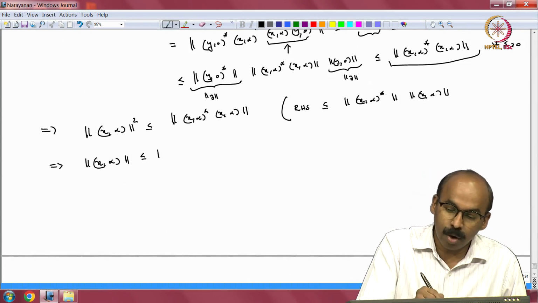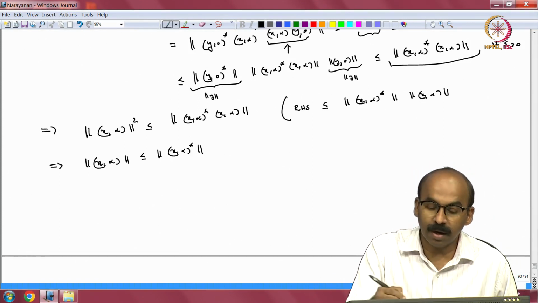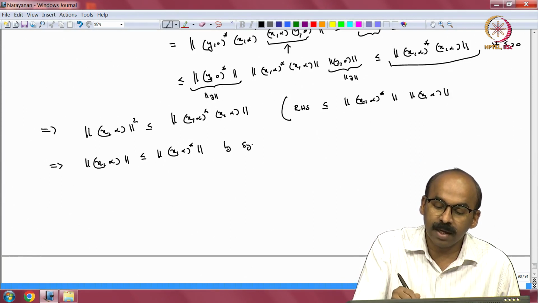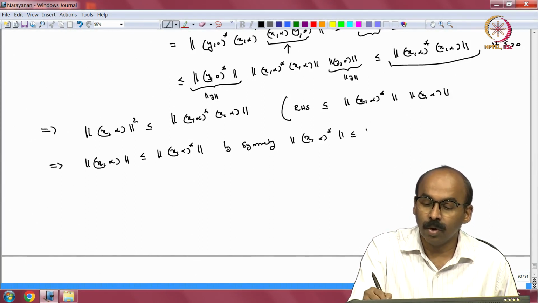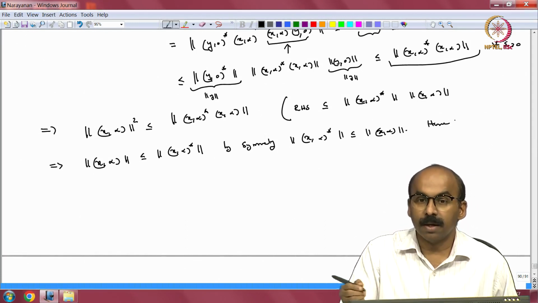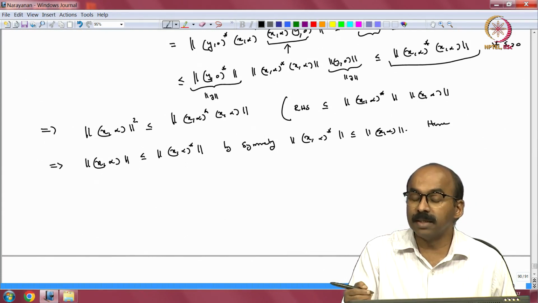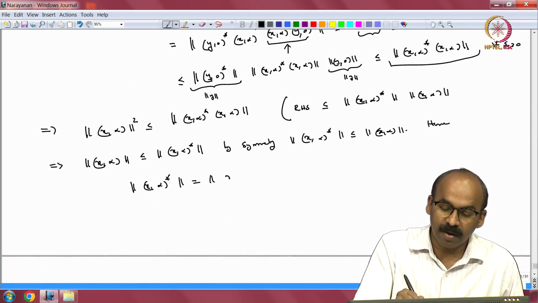So, this gives norm x alpha square is less than or equal to norm x alpha star. And of course, by symmetry, because I can take one more star, we get the other way also: norm x alpha star is less than or equal to norm of x alpha. Hence, the star operation respects the norm, it does not change the norm, right. So, hence norm of x alpha star is equal to norm x alpha.